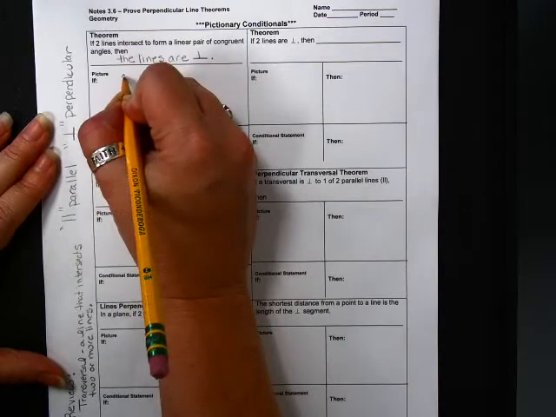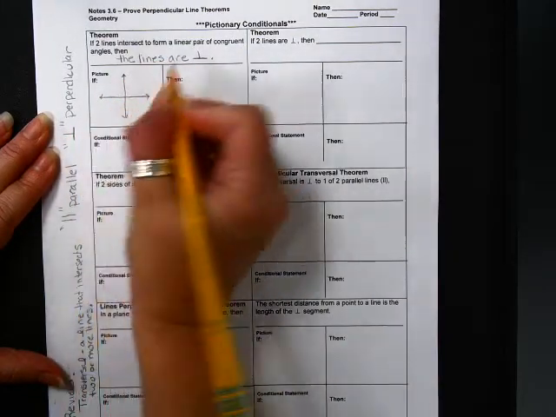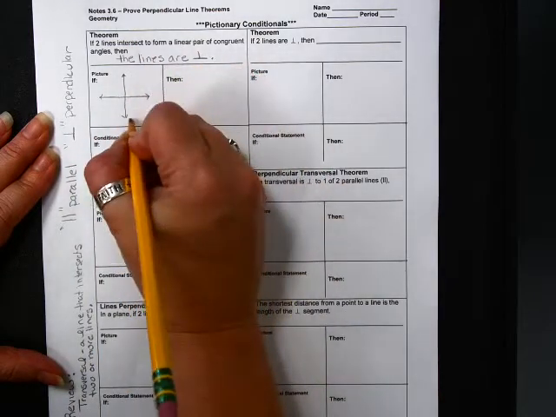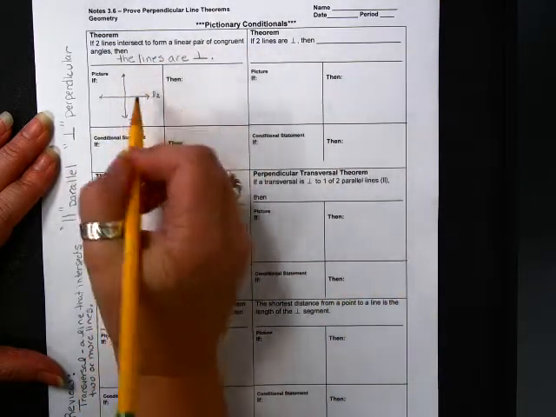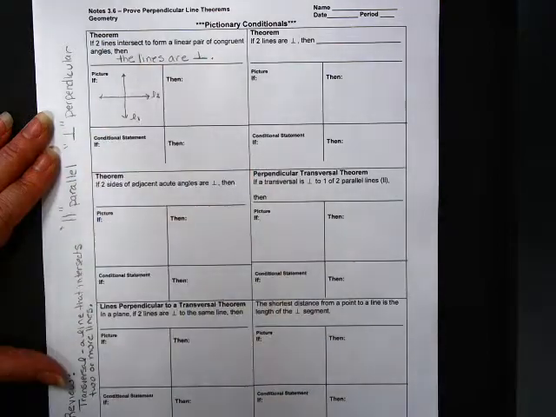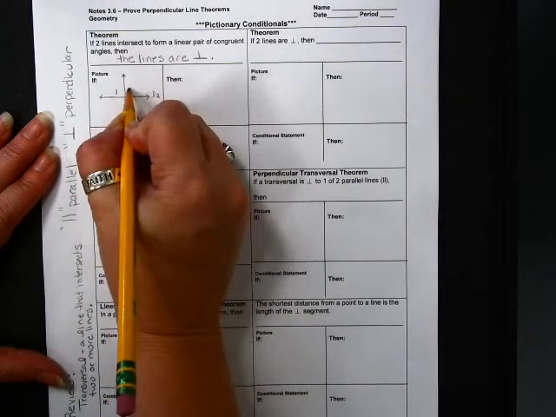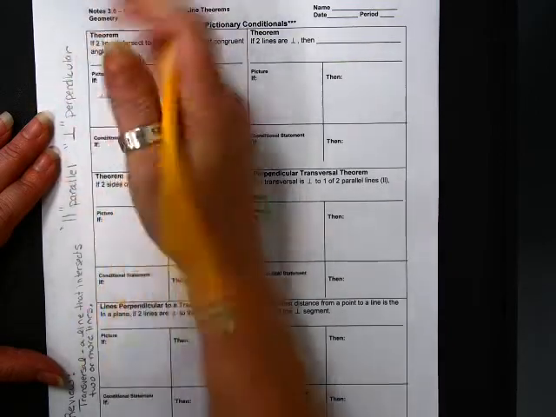So our Pictionary conditional will start off with line 1 intersecting line 2. When these two lines intersect, it's going to form four angles, 1, 2, 3, and 4.